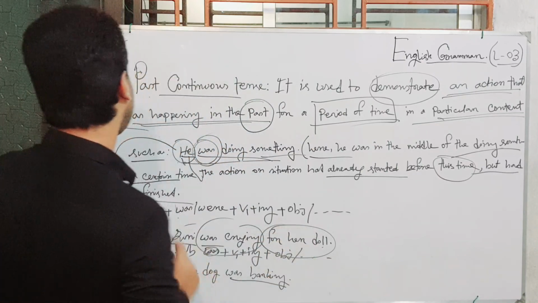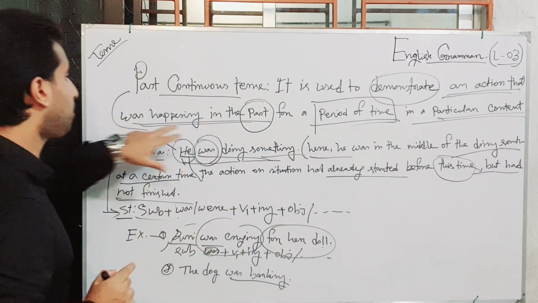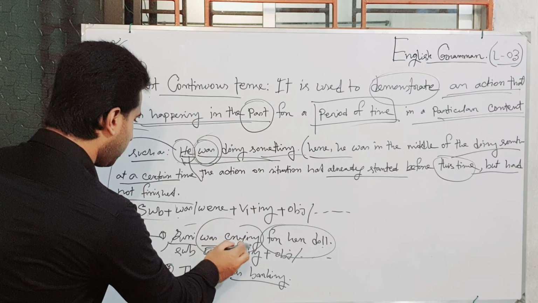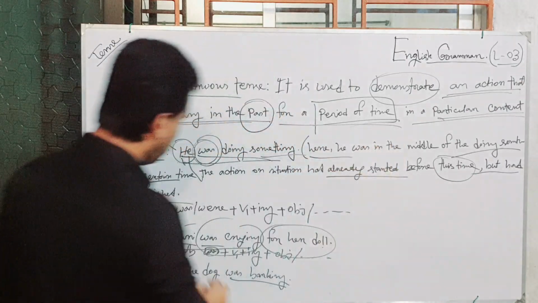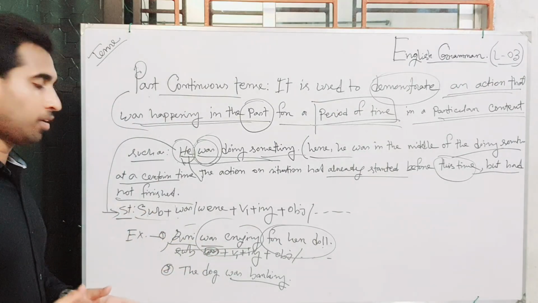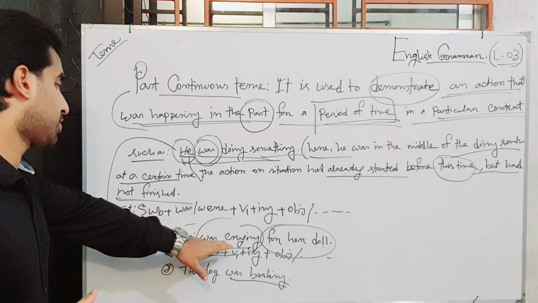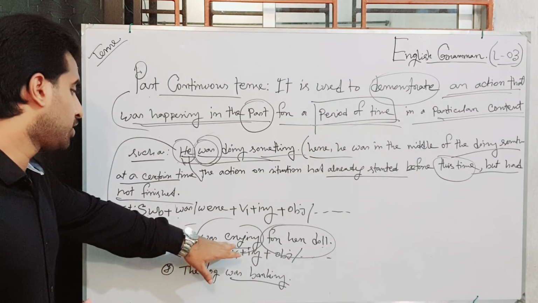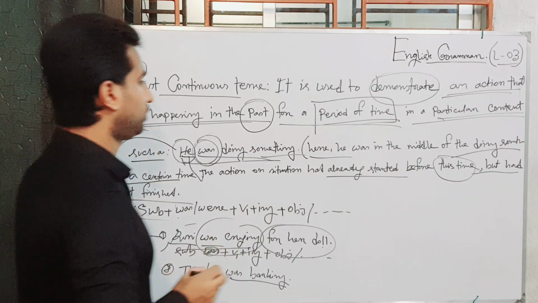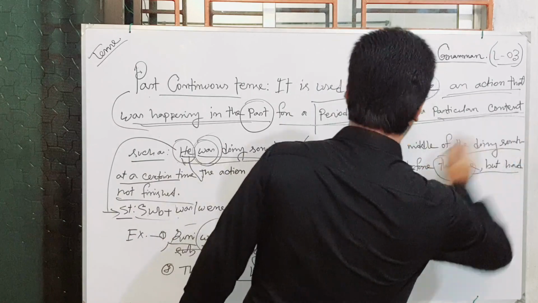It was happening in the past for a period of time. We don't know how long she was crying, but we know she was crying in a particular context.